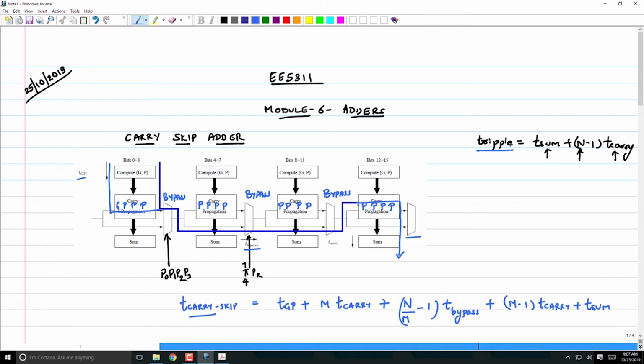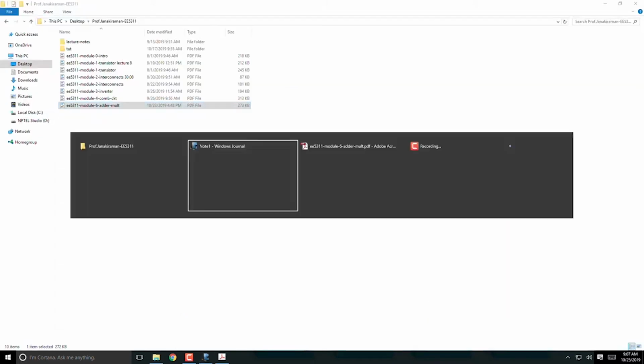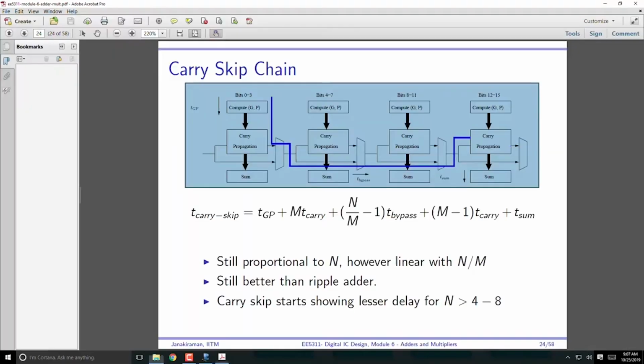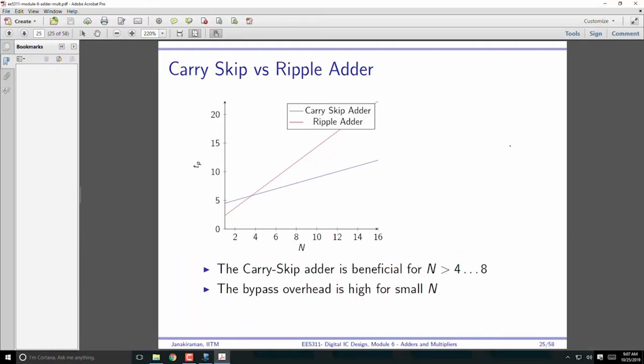The ripple adder did not have that multiplexer. So it is bound to give you larger delay if there are fewer bits. But as you go higher, beyond about 4 bits or so, the carry skip adder starts giving you good advantage. This is what is shown here.